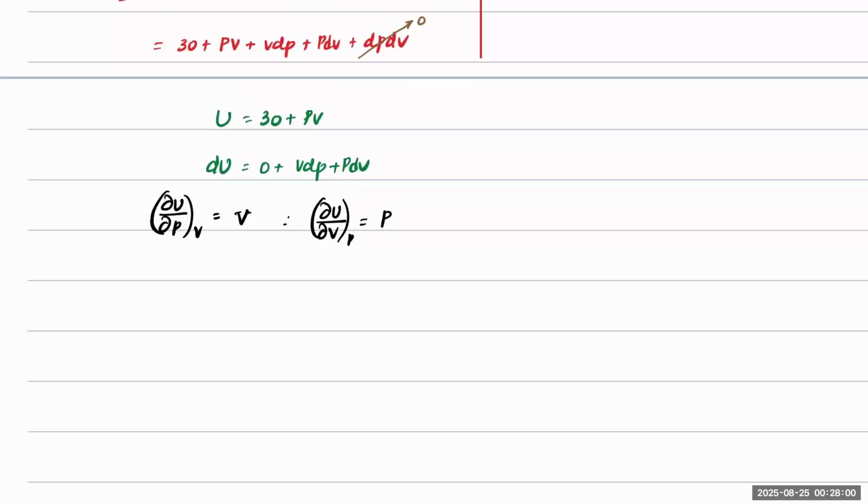Check it out. So du is equal to v dp. Okay. What do I write v as? I can write it this way. Therefore, du equals dou u by dou p at constant volume into dp plus dou u by dou v at constant pressure into dv. This is how we got that equation.